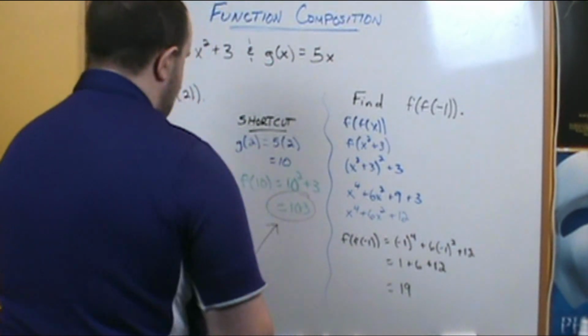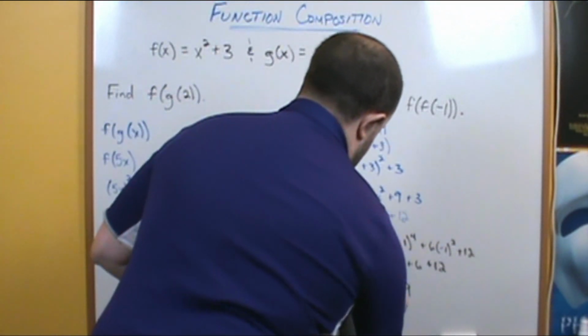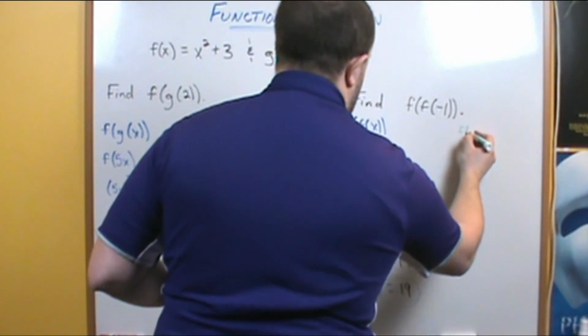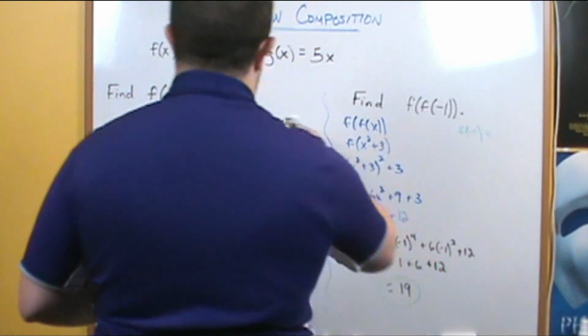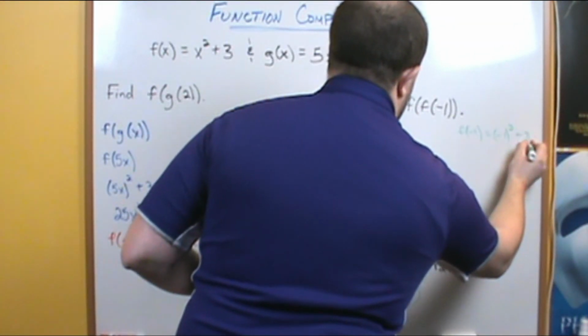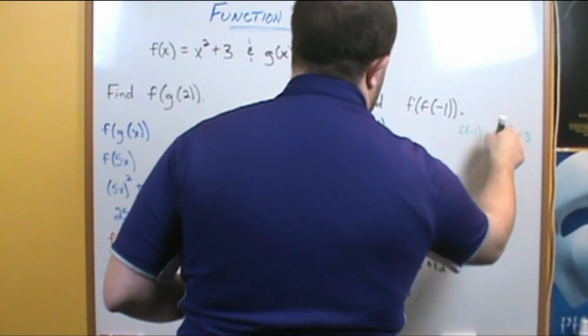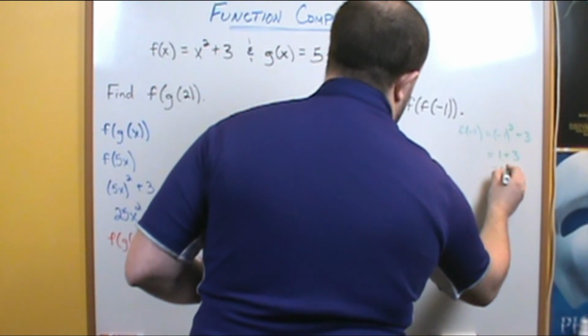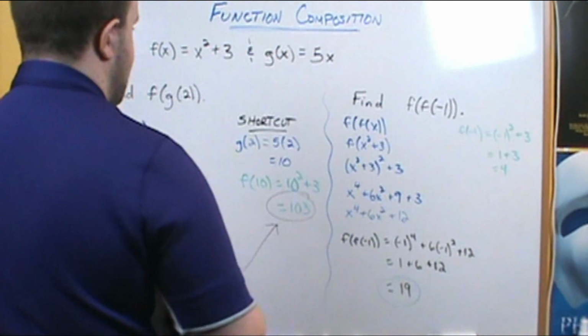Let's see what we get when we do the shortcut. If we evaluate the function f at -1, we get -1 squared plus 3. -1 squared is positive 1, plus 3 is 4.